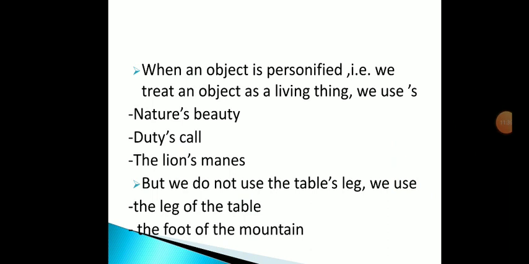When an object is personified, what do you mean by personified? When we are treating it as a living thing, although it is a non-living thing, we assume it is a living thing, and at that time we are using apostrophe s.